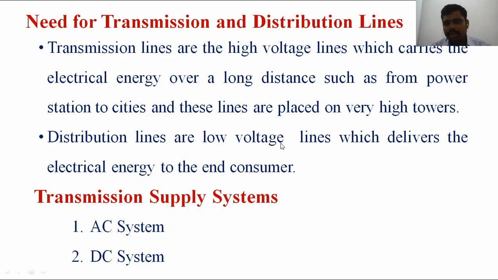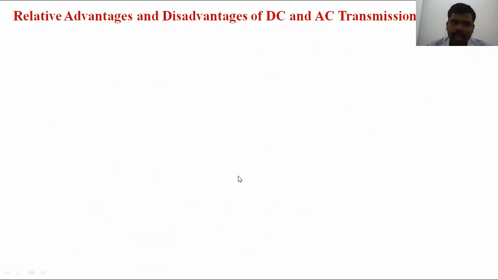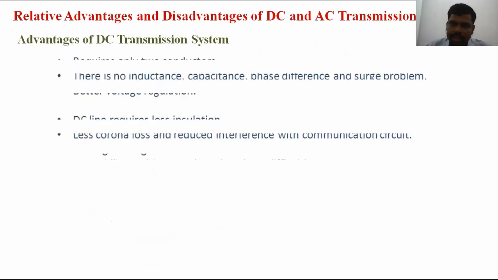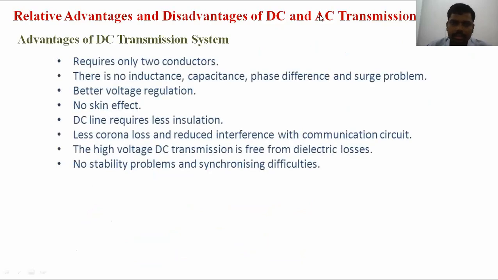That is based upon the supply system. There are two things: one is the AC supply system, another is the DC supply system. And the transmission line is also AC transmission as well as DC transmission. And what are the advantages and disadvantages of AC with respect to the DC system? First we will go for the advantages of the DC transmission system compared to the AC transmission system.